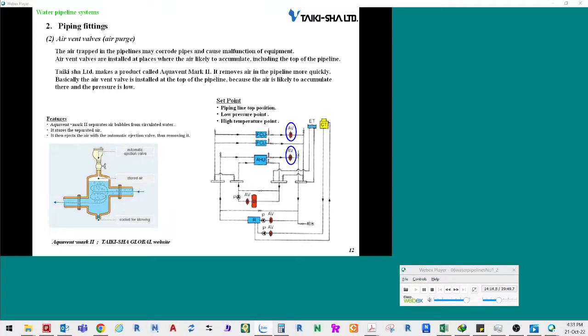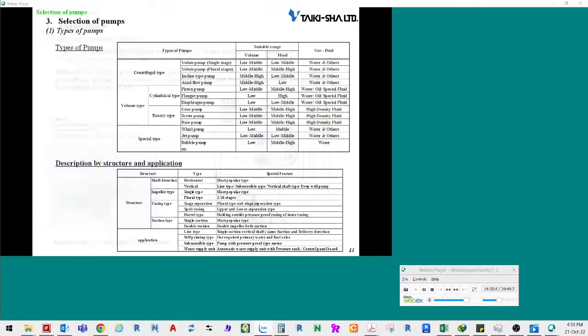It removes air in the pipeline more quickly. Basically, the air vent valve is installed at the top of the pipeline because the air is likely to accumulate there and the pressure is low. The drawings on the slide are extracted from Do's and Don'ts on Piping.